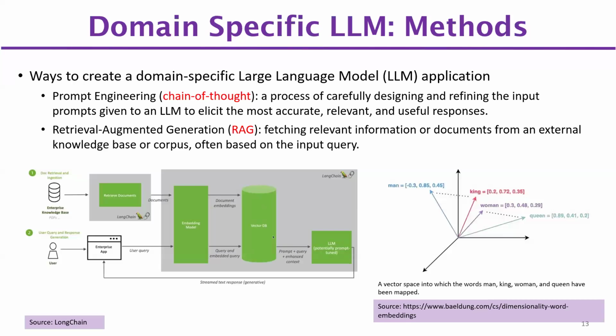The first method is named prompt engineering. Nowadays people give it a more popular name, chain of thought. It means that when we need to use the LLM or ChatGPT, we sit there and carefully design our prompt, our question input to the LLM, and then get a useful response. The next method is retrieval augmented generation, or RAG.